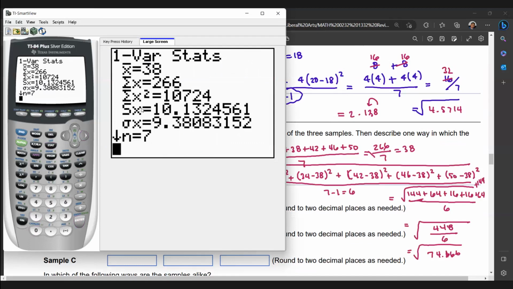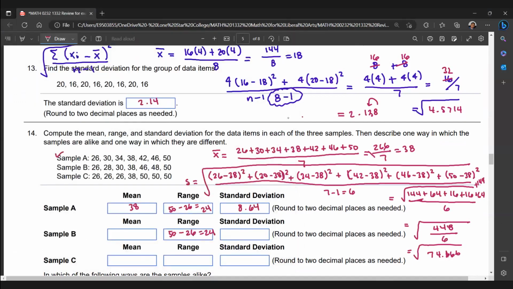And the standard deviation that we want in this case is the one with the S, okay? And so therefore, let me just write that down. We have 38, and the standard deviation is 10.13. So going back here, we have that was equal to 38 with a standard deviation of 10.13.